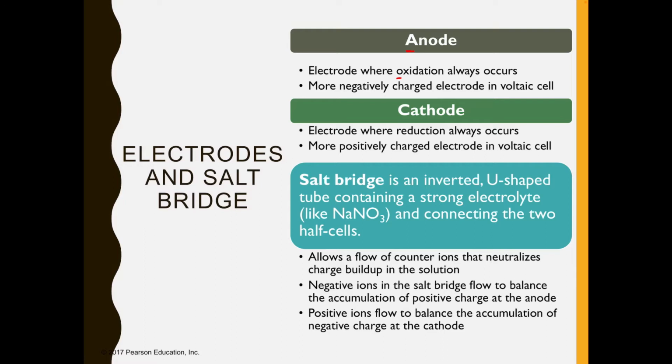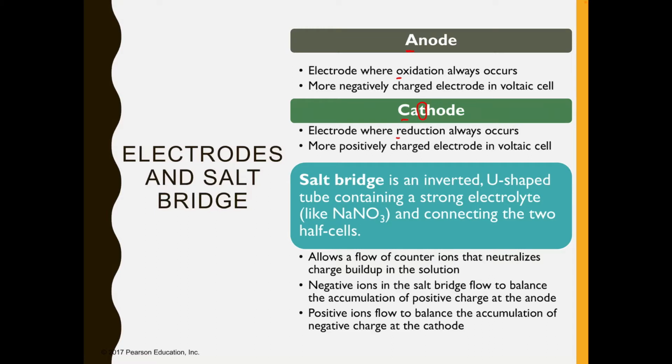This will be the more negatively charged electrode in our voltaic cell. And then we also have a cathode, and that's where the reduction will occur, okay? And that will be more positively charged. So again, these both start with a consonant, so I like to remember it that way. You can remember that the cathode is positive because the T kind of looks like a plus sign. So that would be how I would remember that.